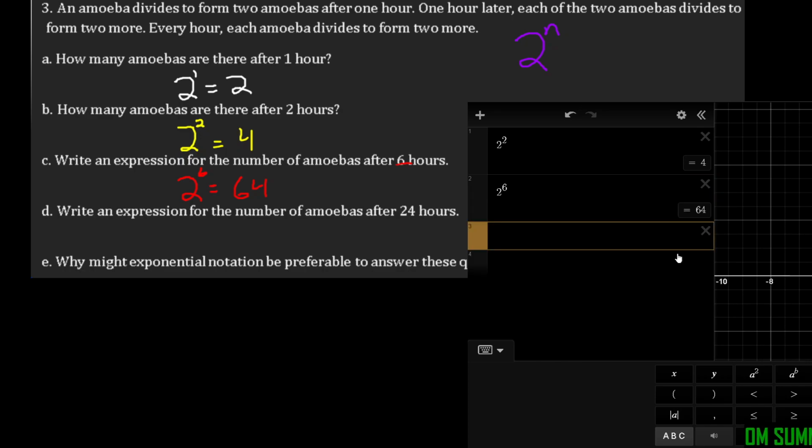And if we try to do the next one, we're going to say 2 to the power of 24, which is a very large number, is going to be that number there. So make sure that you can use that Desmos calculator carefully for yourself, and expand it out.